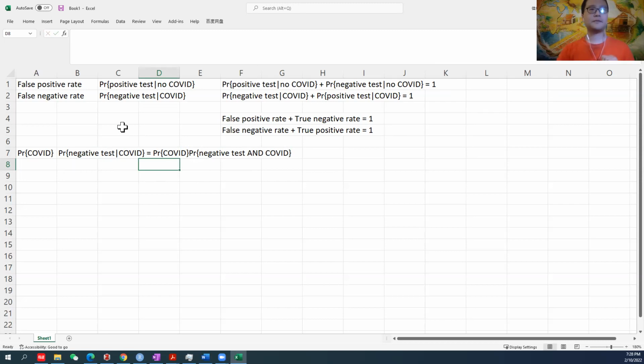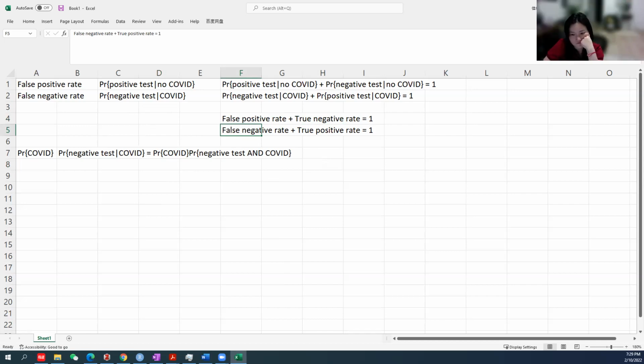Using this rule, then we can find the rest of the probabilities. The important thing is that we find these rates correctly. So that means instead of multiplying 7% with 99%, that's not correct.